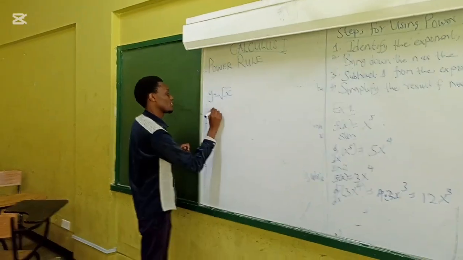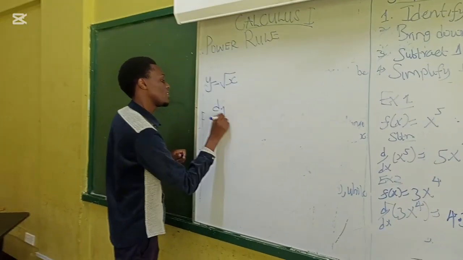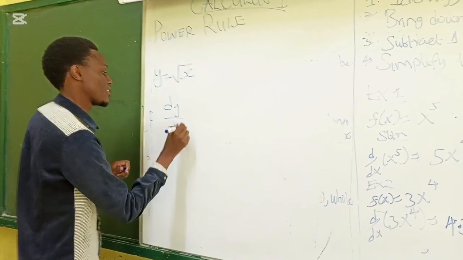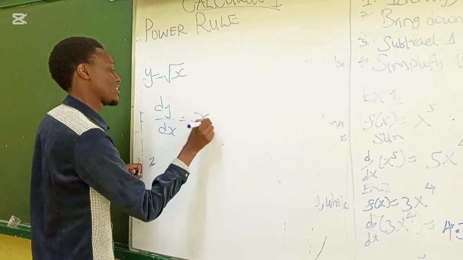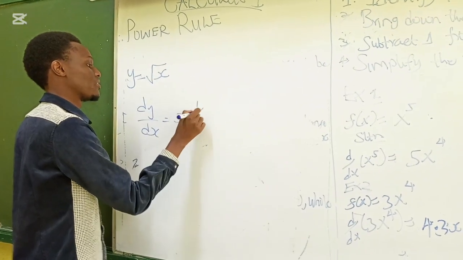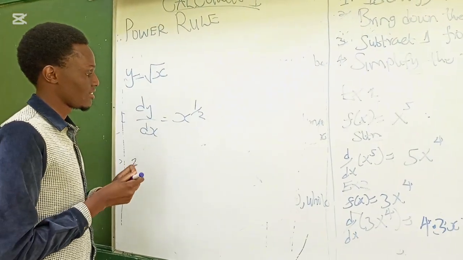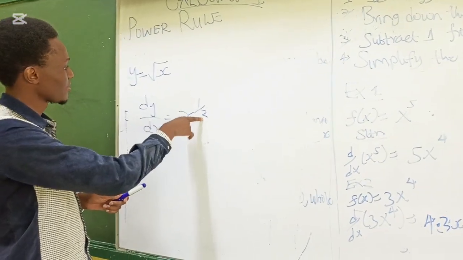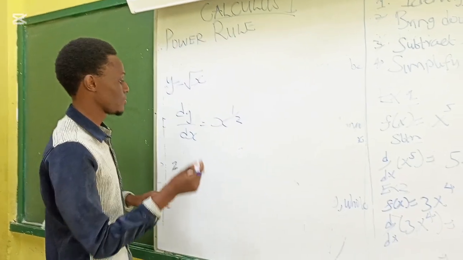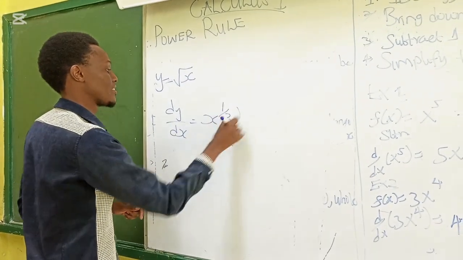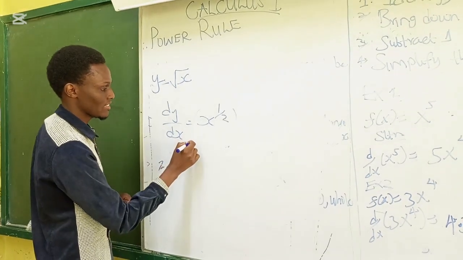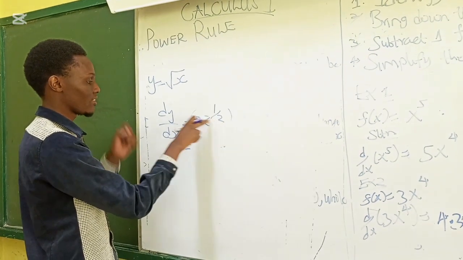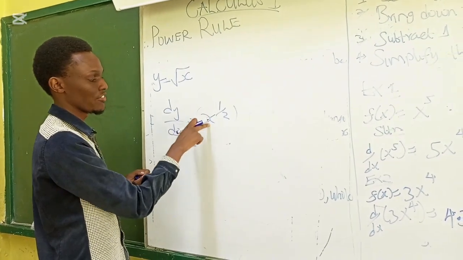So dy over dx is equal to the derivative of the square root of x, which can also be written as x to the power half, half being the exponent. Differentiating this, we bring the exponent down as the coefficient of x.